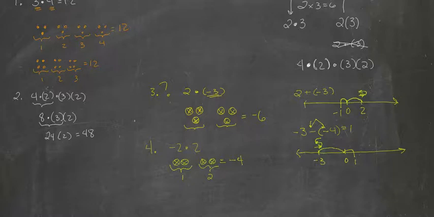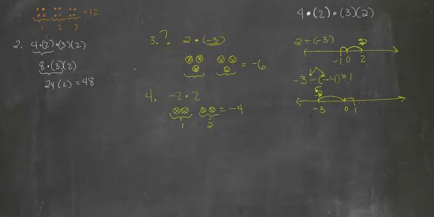Okay? All right. So that's when you're adding and subtracting with integers, whether they're positive or negative integers. But multiplication is different. Multiplying is a rule. You want to remember the rule.